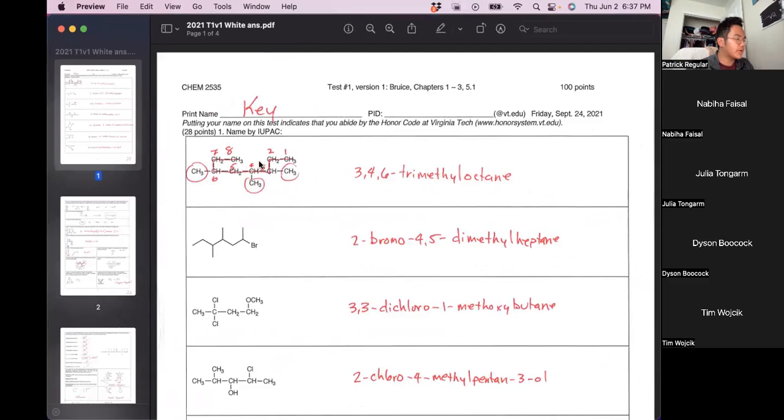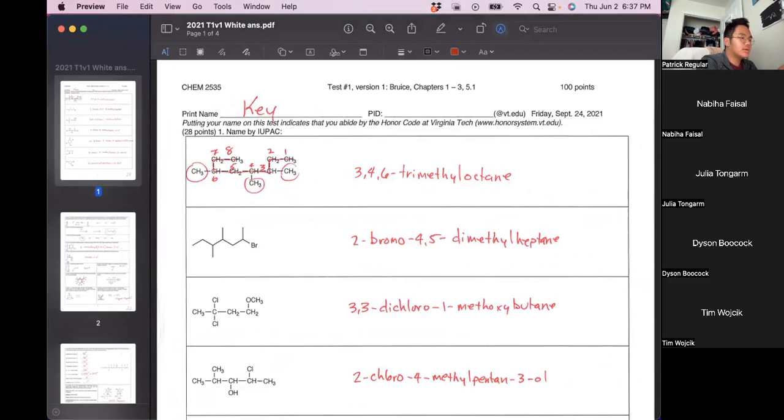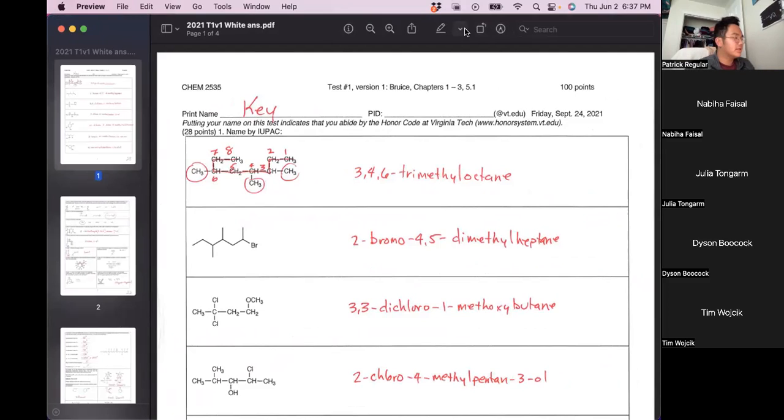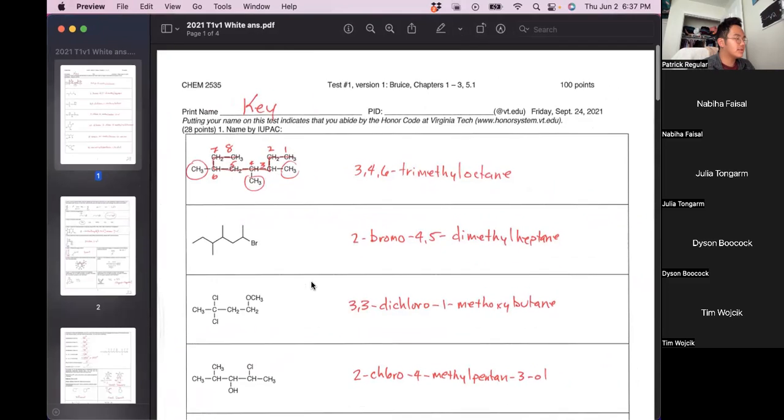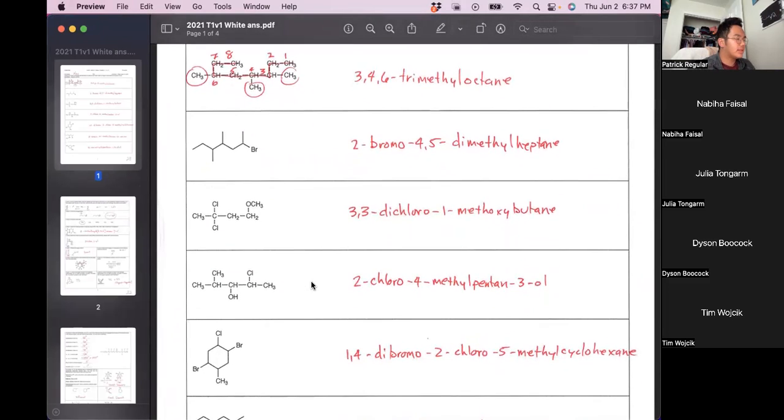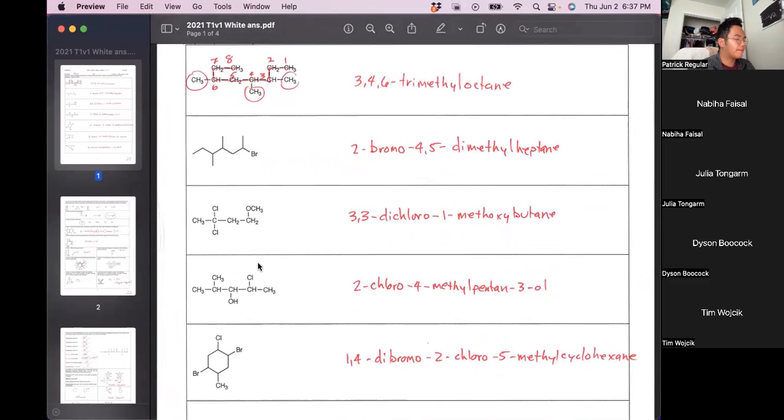All right, so the first one, again, we have. Ooh, no, I'm not gonna mess with it. The longest chain is an octane. It goes around the corner twice. Tell me when you guys are ready to move on.